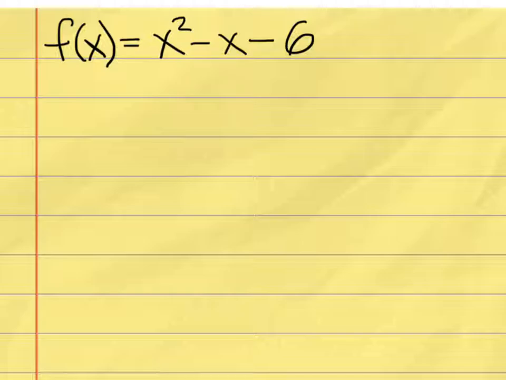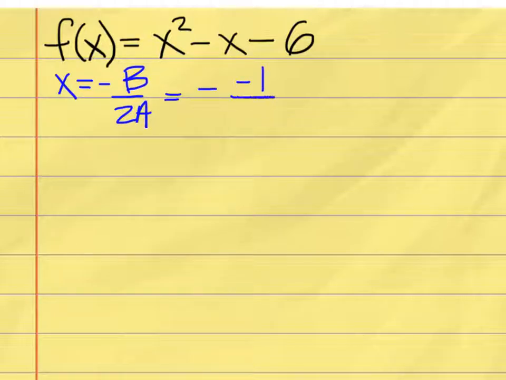We need the vertex for this quadratic equation so we can graph it. And the vertex is going to be x equals negative b over 2a. So that's a negative negative 1 over 2 times 1. So you come up with a positive 1 over 2.